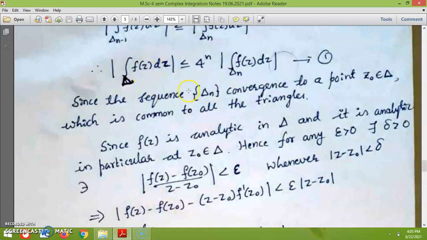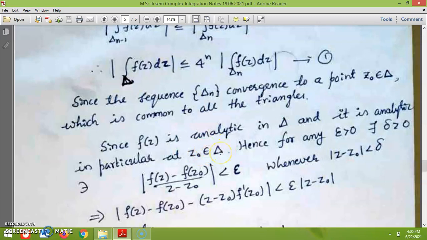So now, since the sequence of triangles delta n converges to that common point, which is a member of the main triangle, and since the function is analytic in the triangle delta, it is also analytic in particular at that point we have taken, which is common to all, which is a member of that delta.